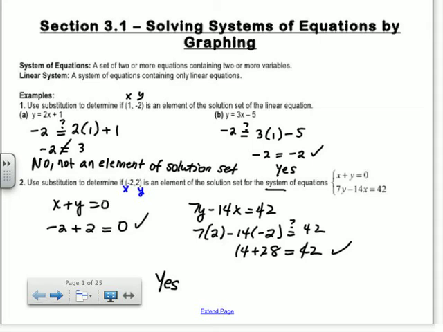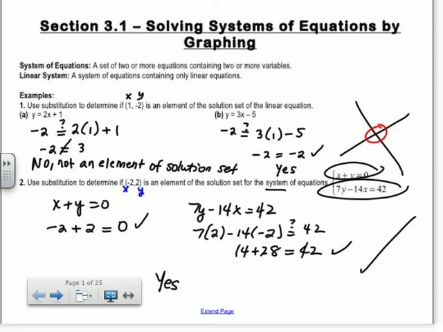Think about what that means. These are two lines, and this is a point on both of those lines. So there are two situations that could happen. We have one line and another line, and it's that point that was common to both of them, so it's the intersection point. But we could also have two lines that are exactly the same line, where one line coincides with the other. Then it could be a point in the solution set in that case.